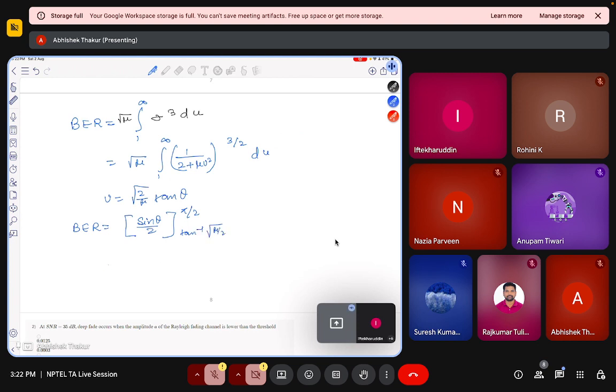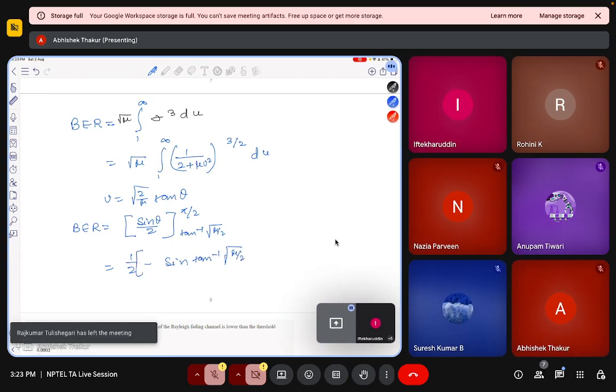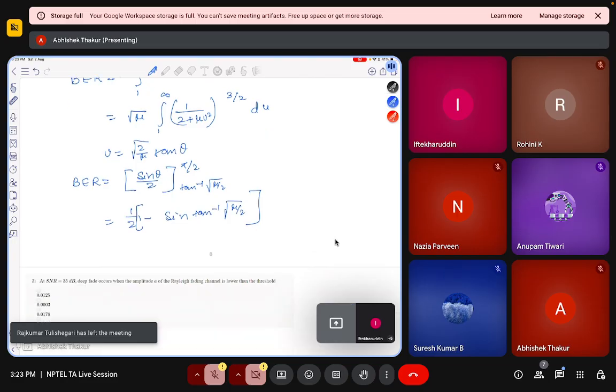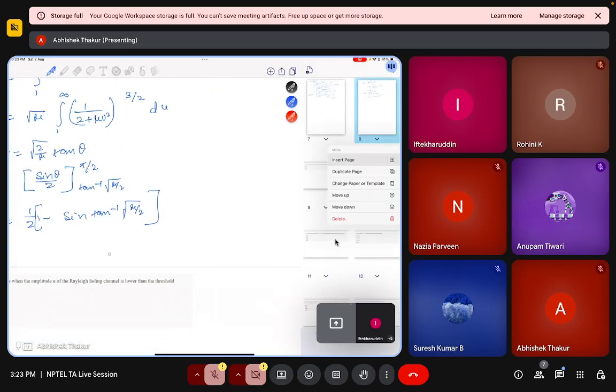So we can write this as, now sine pi by 2 is 1, so it will become half minus sine tan inverse square root of mu by 2. And this half we can take common. So this will be our bit error rate.